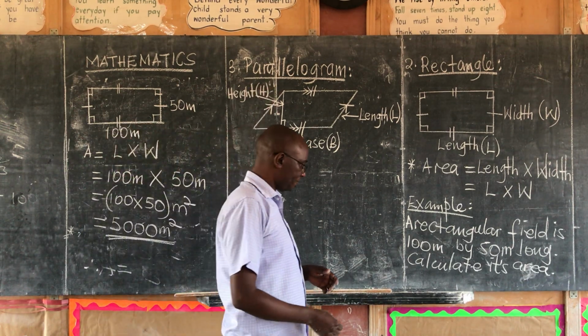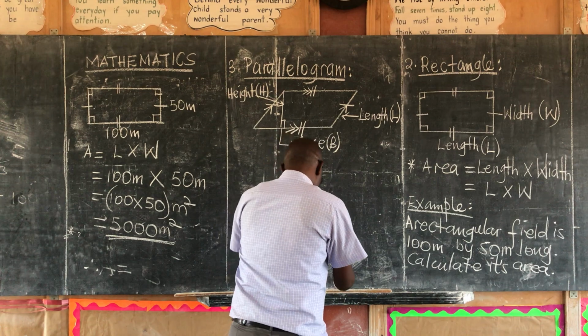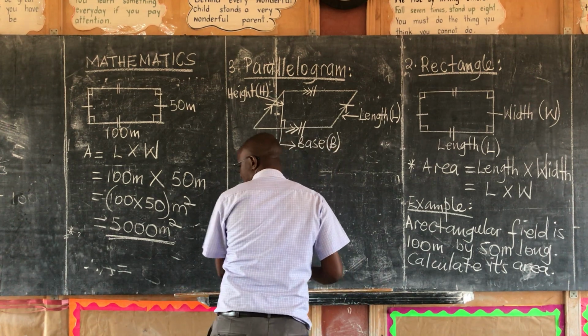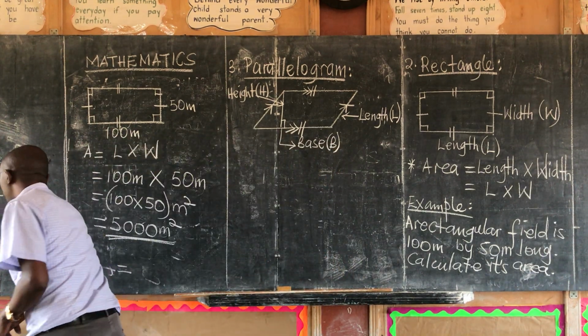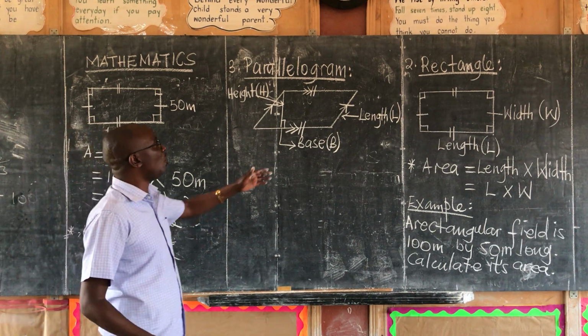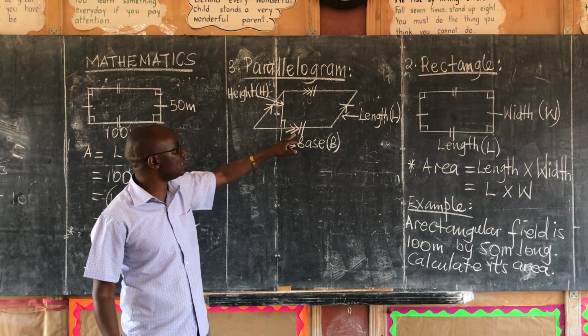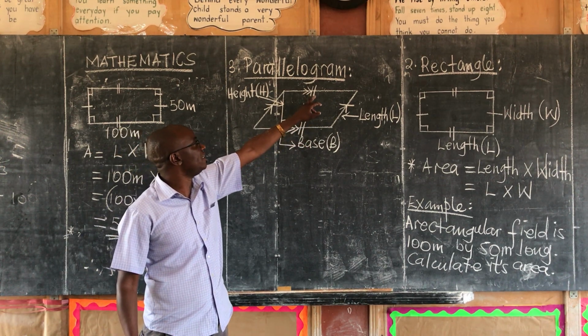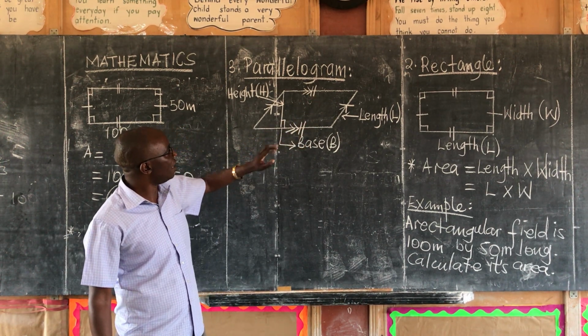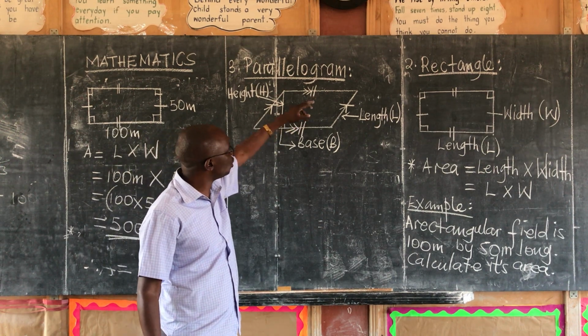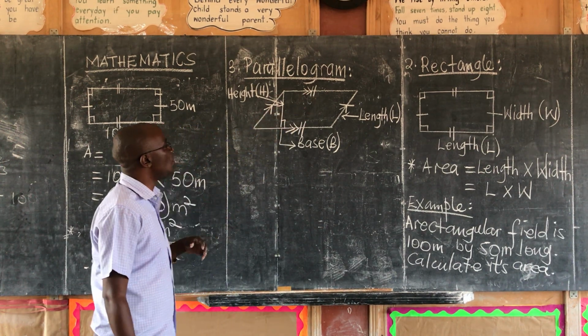Okay, now, remember last time we looked at the properties of a parallelogram. We said that two of its opposite sides are equal, meaning that this side is equal to this side. And you are seeing these marked signs, the two bars, to show that these two opposite sides are equal.